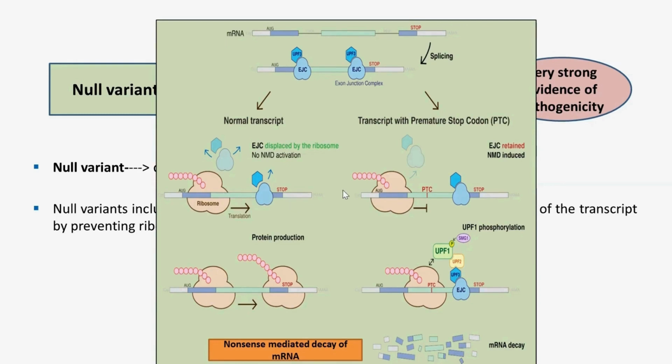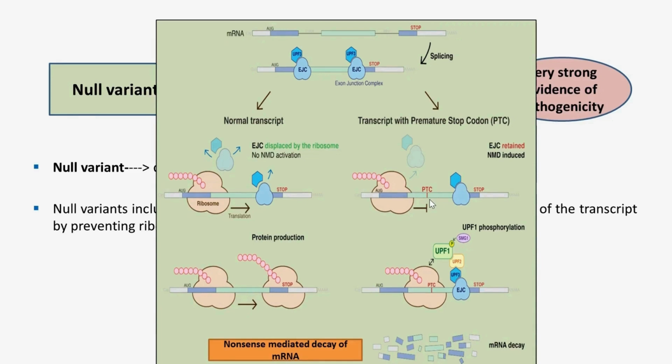But when there is a stop codon before its actual site, this is the transcript with premature stop codon. It should be present here, but the stop codon is present before its actual site. So what will happen in this condition? The ribosome will stop at this position instead of this.